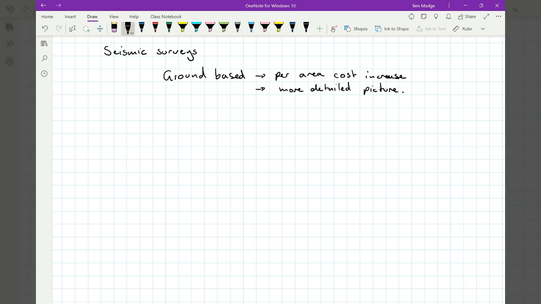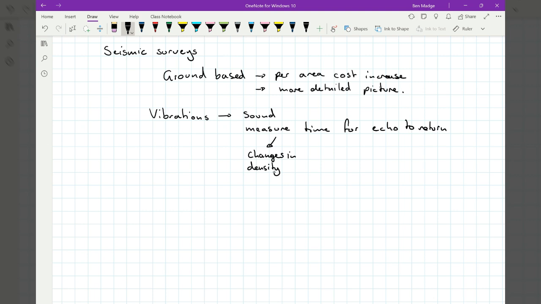So seismic surveys are where we use vibrations, and because of the way the vibrations move through the ground, we call these sound vibrations, and we look for or measure the time for the echo to return, and this will show us changes in density, because sound will move faster the more dense it is, and it will also show us boundaries.